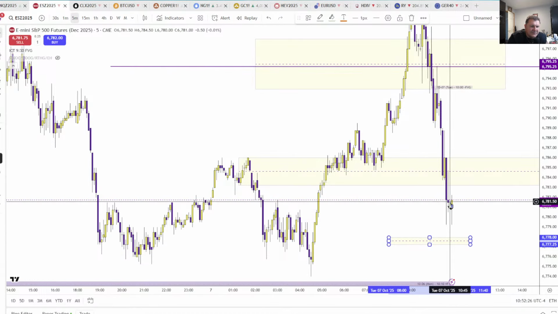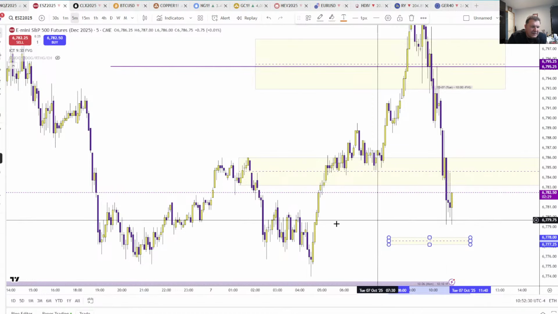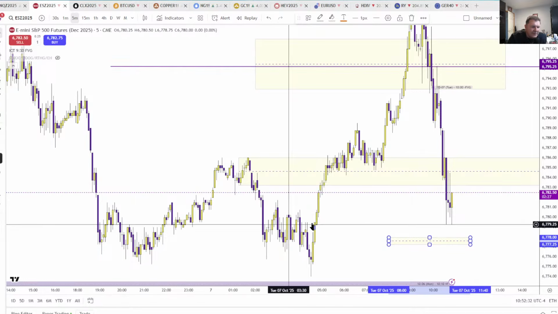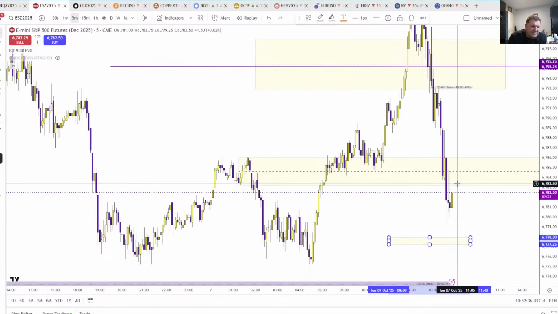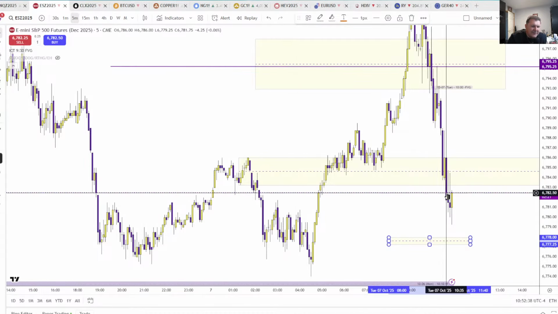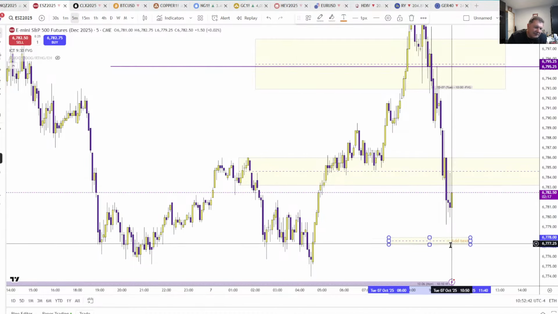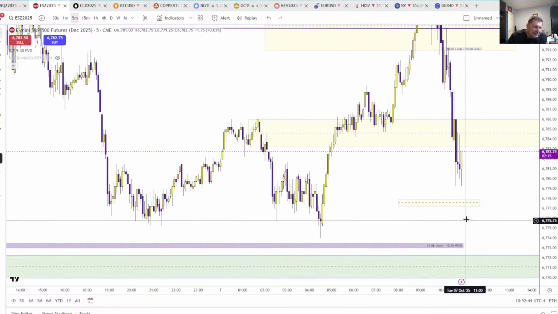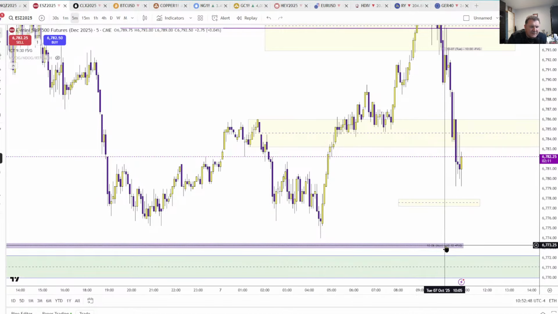So if this runs here, I expect to see that come down into here. The moment we can break that level there, I want to see it run deeper into here now. And you want to see it accelerate. So come back, find support off of here, and then really accelerate through into here, and hopefully pop through that, and then start running for this first presentation on Monday.